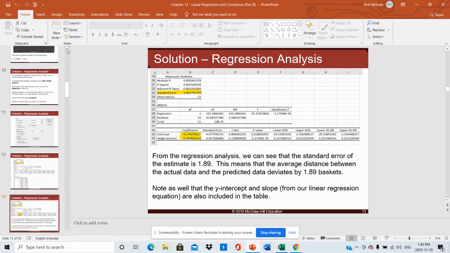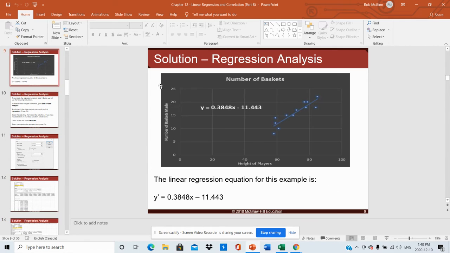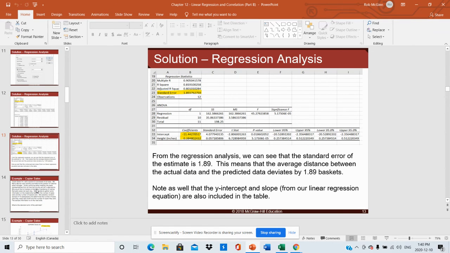So if we look back at our equation quickly, you can see our slope 0.3848 times x and minus 11.443. So we don't have to create the scatter diagram if we don't want to find out what our linear regression equation is. We can just do the linear regression analysis table and find the intercept and the slope right from that if we want.